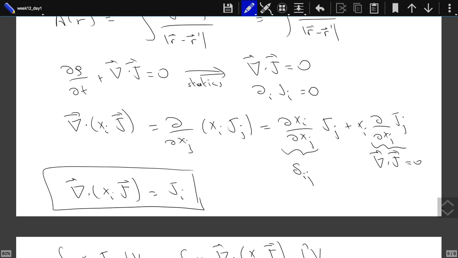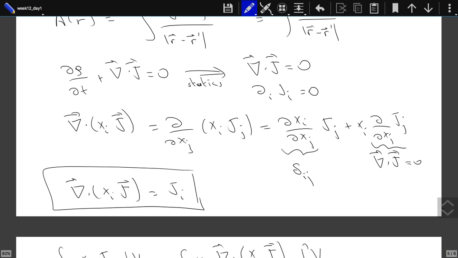Then I just carried out these derivatives: the derivative of the first term times the second one, plus the first term times the derivative of the second term. Well, the derivative of j_j with respect to x_j, when I summed over j's, just gives me the divergence of j, which in magnetostatics is 0 because of the conservation of electric charge.